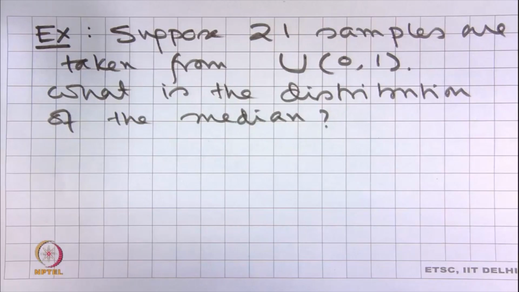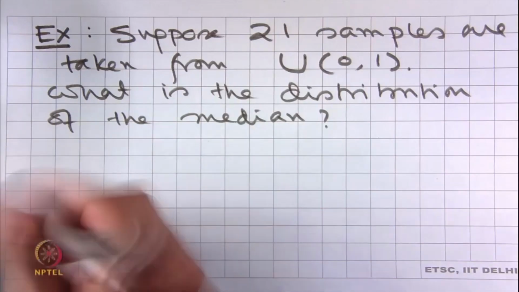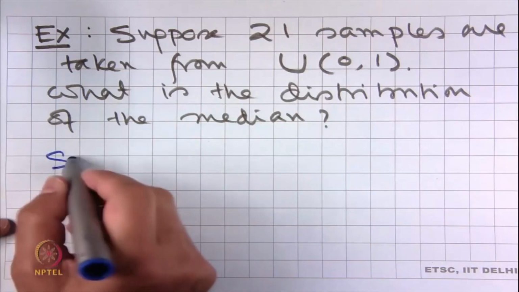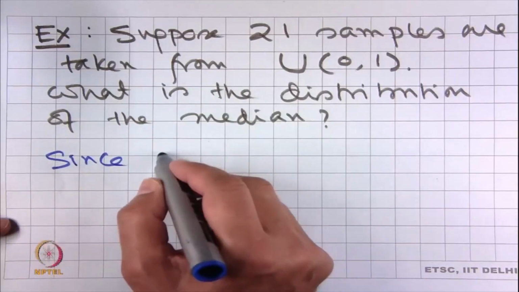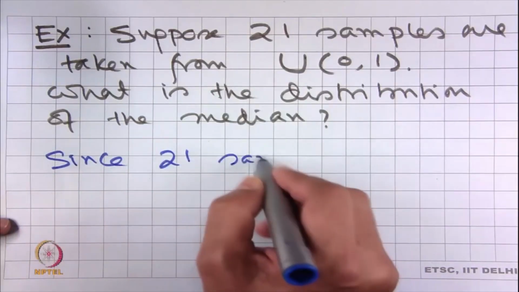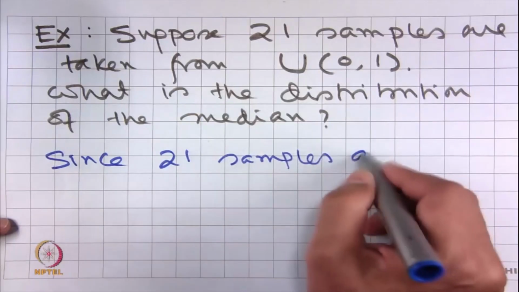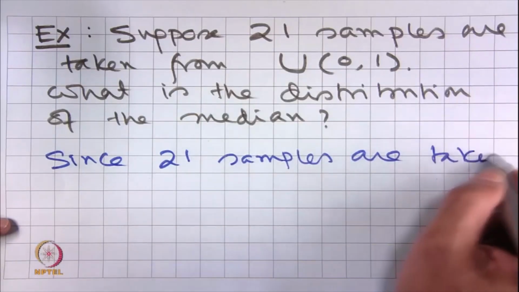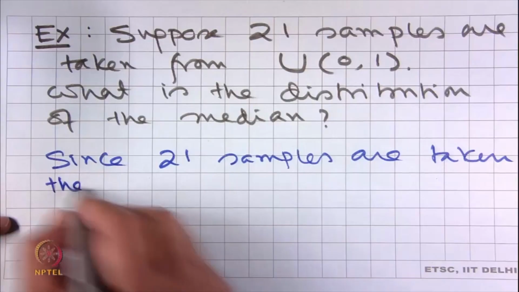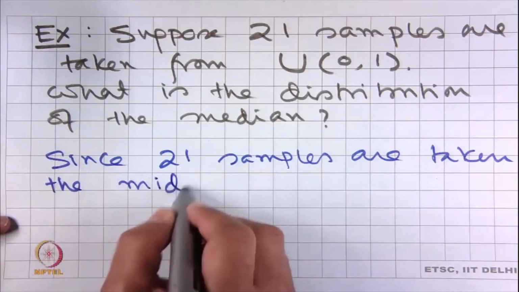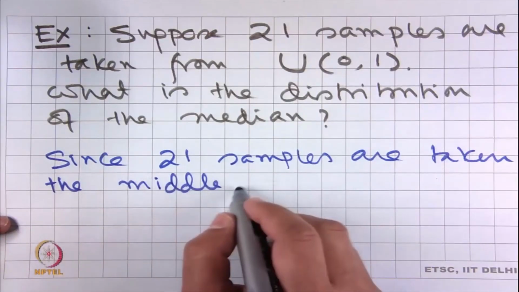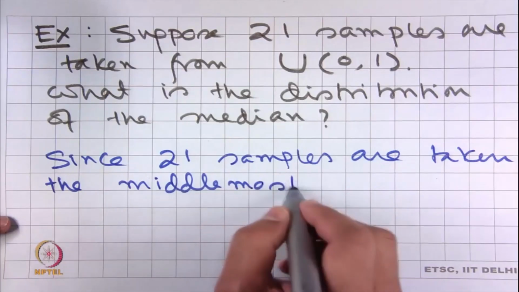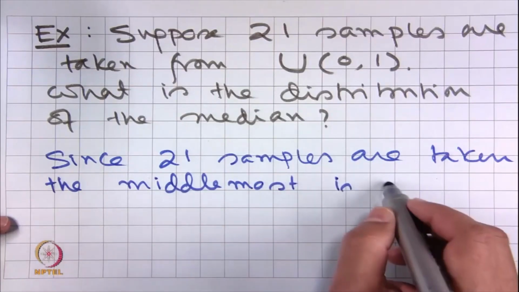We know that since 21 samples are taken, the middlemost is the 11th order statistic.